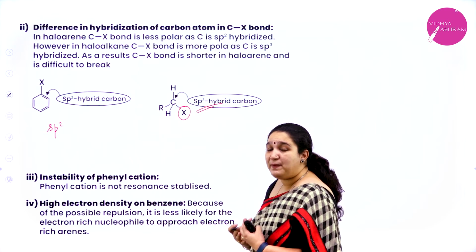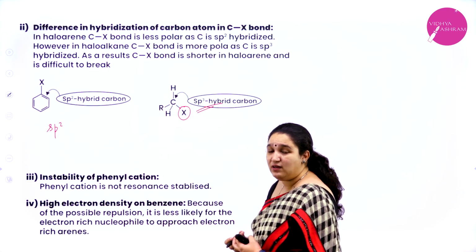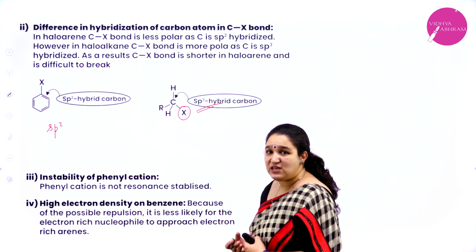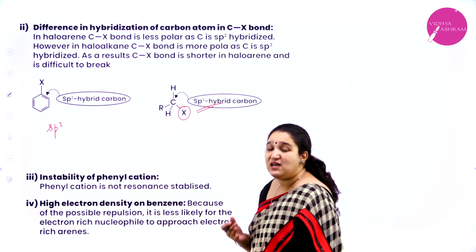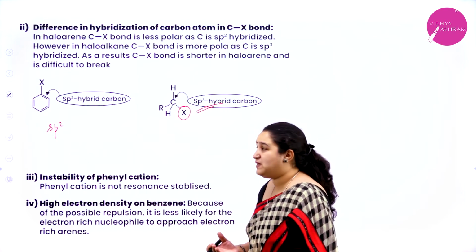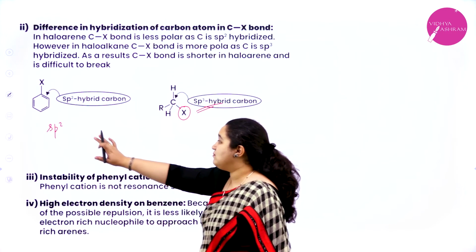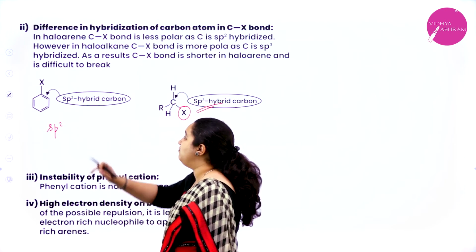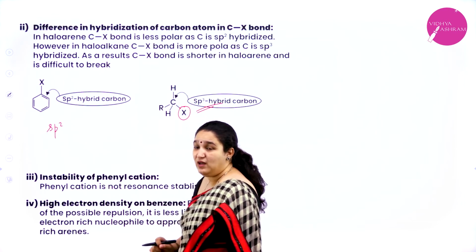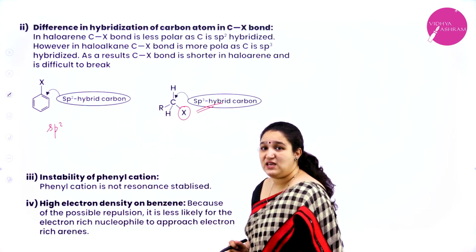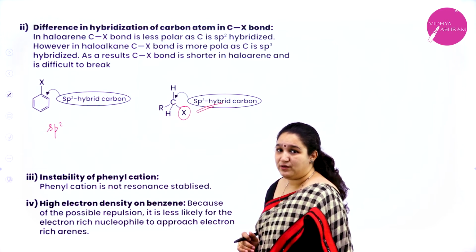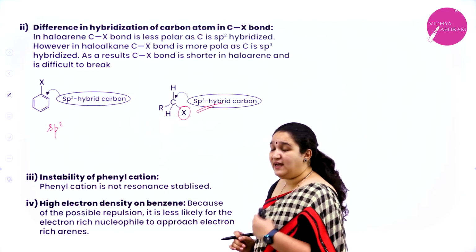Now, if you take the percentage of s character, in sp2 hybridization the s character is 33.3% and in sp3 hybridization it is 25%. So, this becomes more electronegative and the bond is very difficult to break, whereas the bond is very easy to break over here. Okay, that is the second reason.